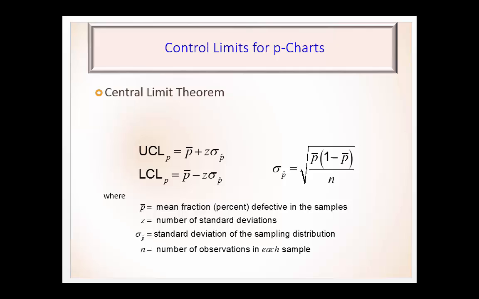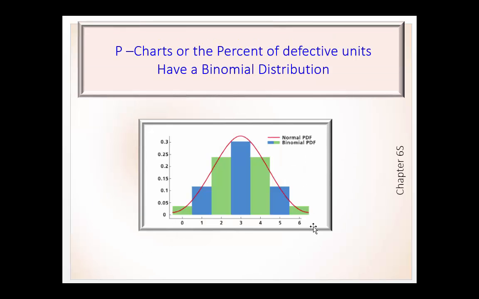So for P charts, we can create control limits, and we can do this because of the central limit theorem and because we know it has this binomial distribution. The central limit theorem enables us to assume that there is a normal distribution for the sample statistics that we're after, and we know from the previous slide that with enough observations we're going to have a collection sort of in the center, just like we have learned before with the normal distribution.